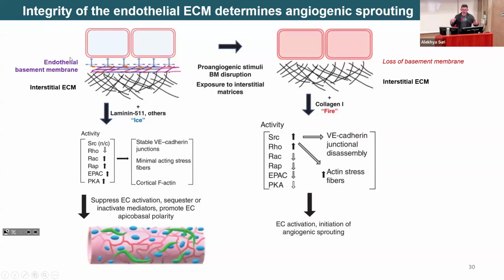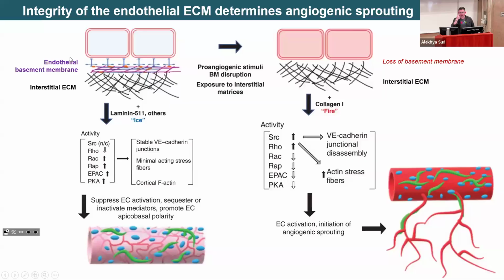When you have stress fibers forming in the endothelial cells, that's a signal that the cell wants to start moving, right? That the cell wants to enter a proliferative migrating phenotype. And at the same time, you have a decrease in the activity of all of the other things that do the opposite. So the cell becomes activated, and what you get is the sprouting of those endothelial cells and the initiation of angiogenesis, right?